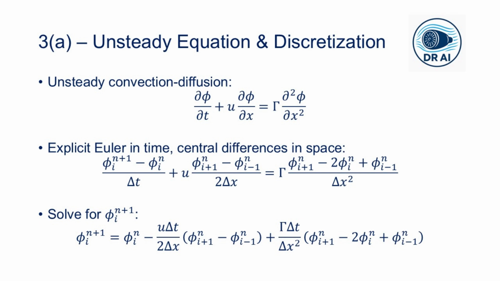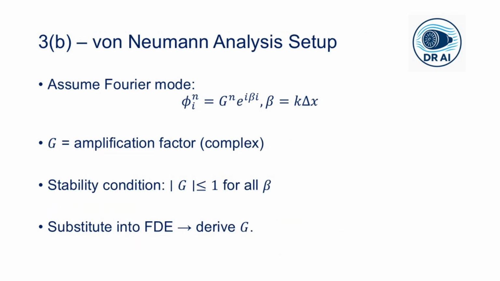In parts B and C, we do the von Neumann stability analysis. The idea is to assume a solution in the form of a Fourier mode, phi i raised to the power n equals g raised to the power n times e to the power i beta i, where beta equals k times delta x is the dimensionless wave number and g is the complex amplification factor.